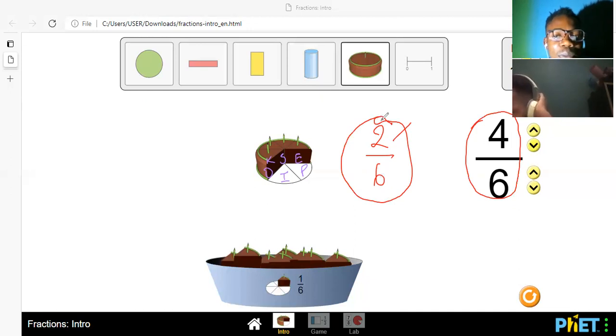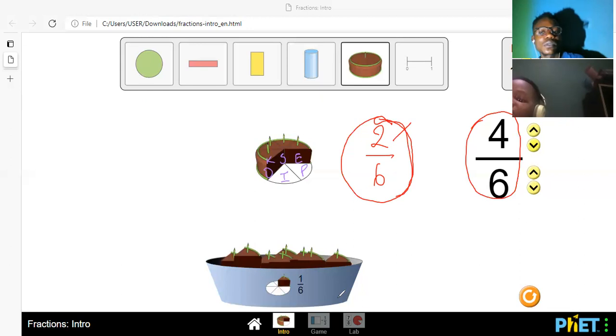Proper. Why is it proper? Because the small number is up and the big number is down. Good.